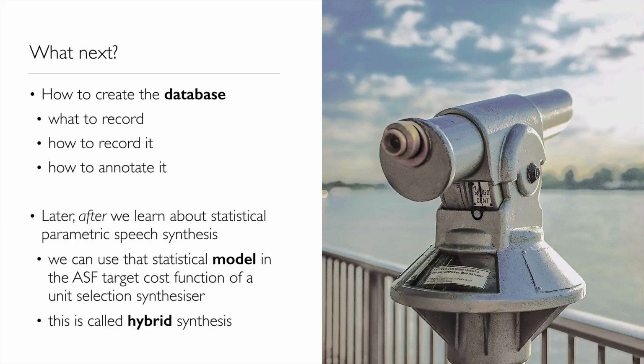That's coming next. After we've built the database, we can then move on to a more powerful form of speech synthesis, which is to use a statistical parametric model, and that will generate the waveform entirely with a model. There will be no concatenation of waveforms. Nevertheless, it will still need the database to learn that model.